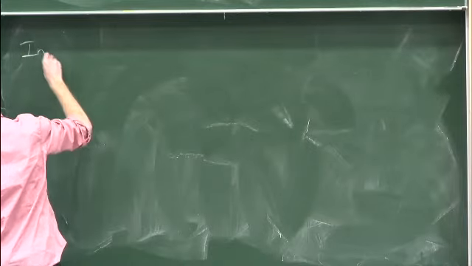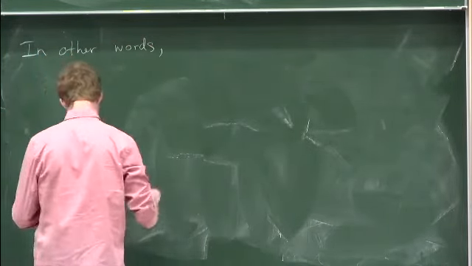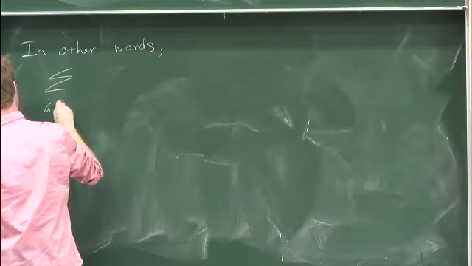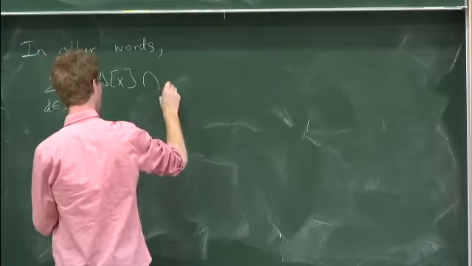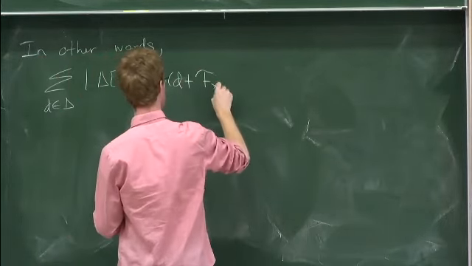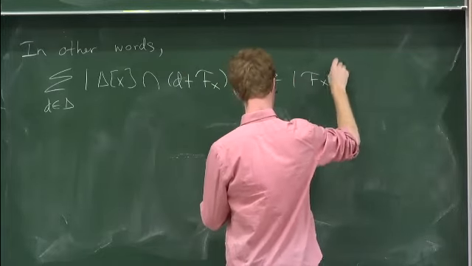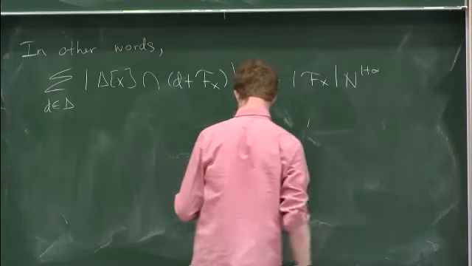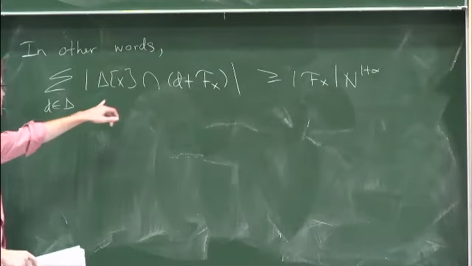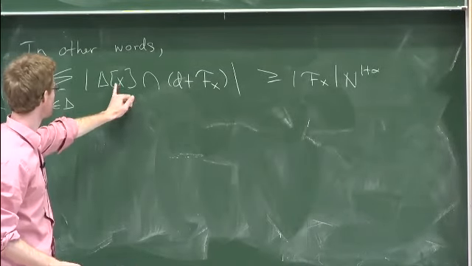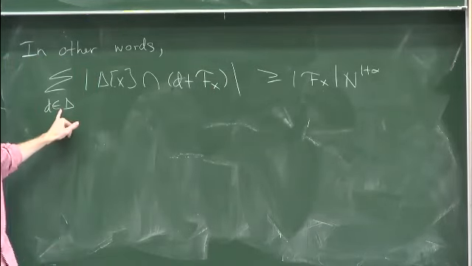Okay. Another way of saying this is that most elements in delta x plus an element in f of x give me something that is still in delta.